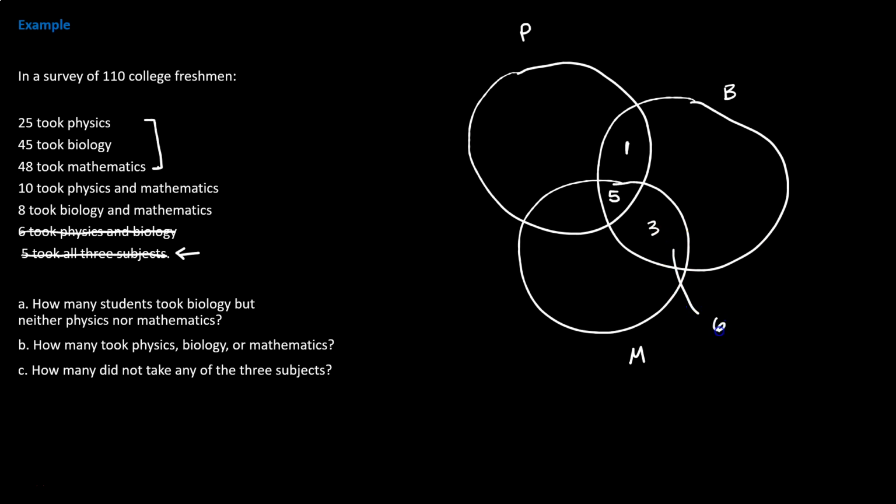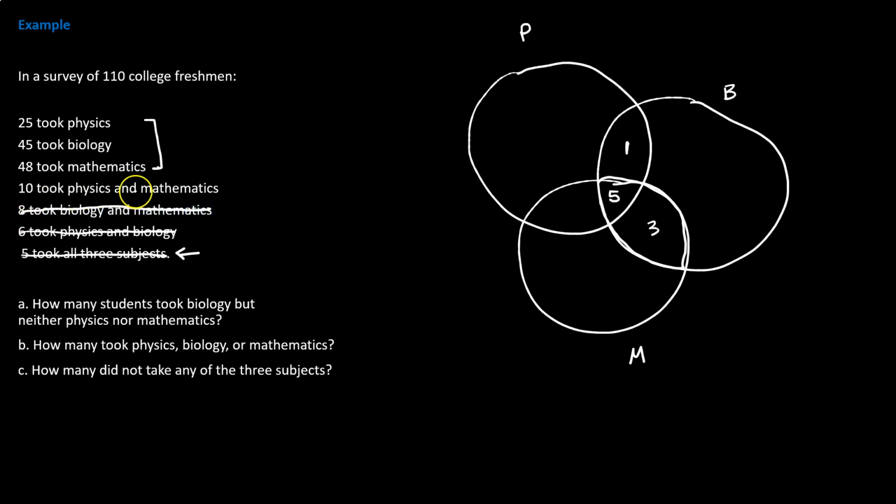Well, if 8 are supposed to be in that intersection, and I know there's 5 already in there, that would leave 3 left. So I'm just doing a subtraction there. And I can double check. If I look at the entire intersection of math and biology, do I have a total of 8 students in here? I sure do, which makes me feel like we did it right.